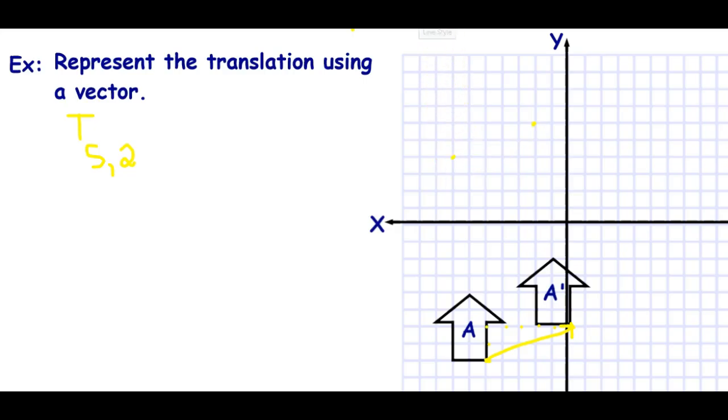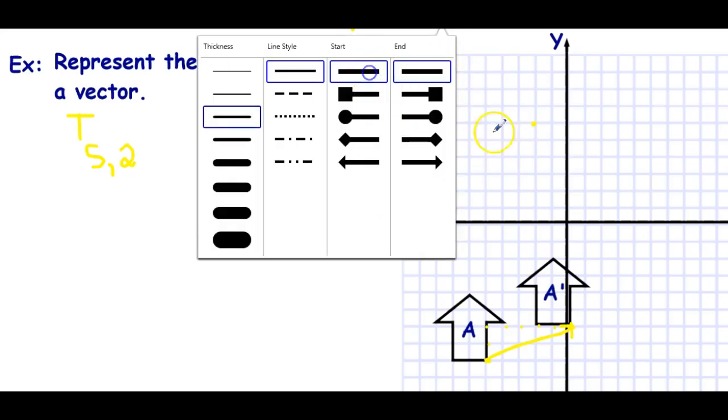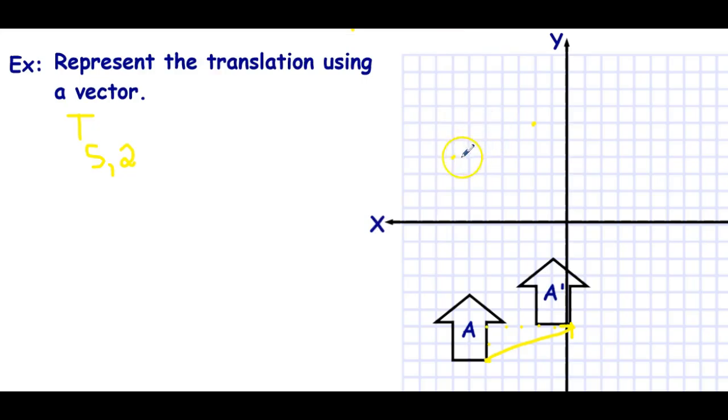We could actually use a line if we wanted. Let's be fancy and use a line. Oh, it wasn't fancy enough. Oh well. And make an arrow. There we go. So the vector can be placed anywhere on the grid as long as it represents the move of the translation. In this case, up 2 and to the right 5. Or it could just connect two corresponding vertices.